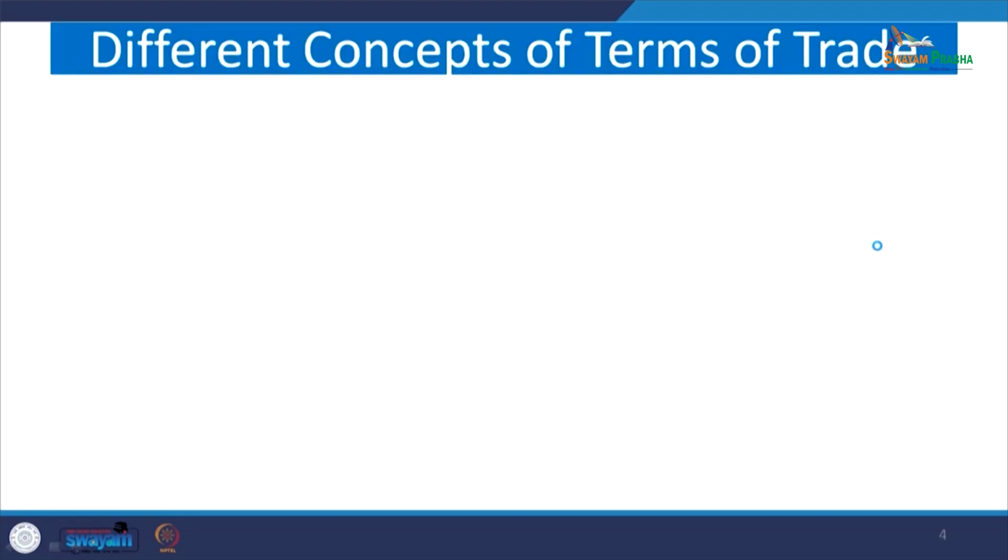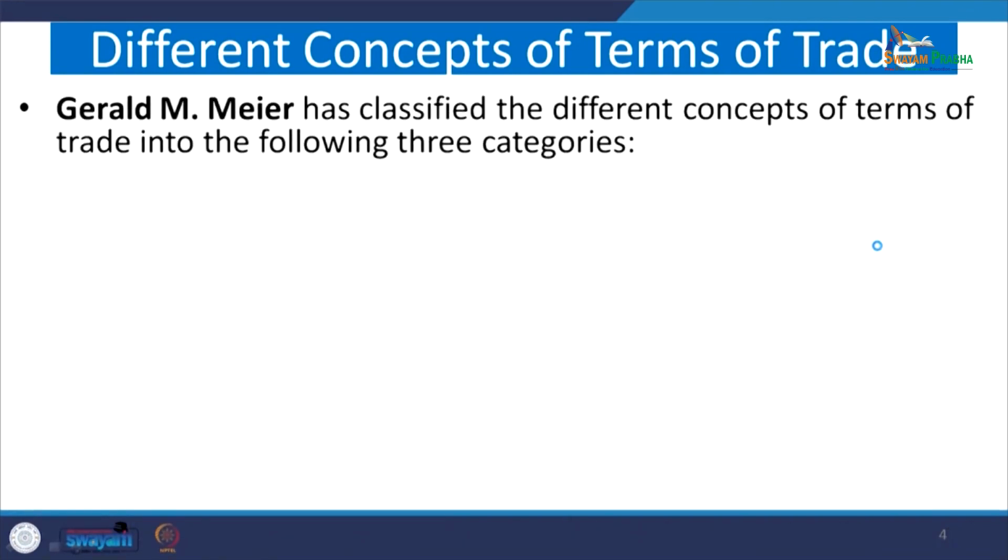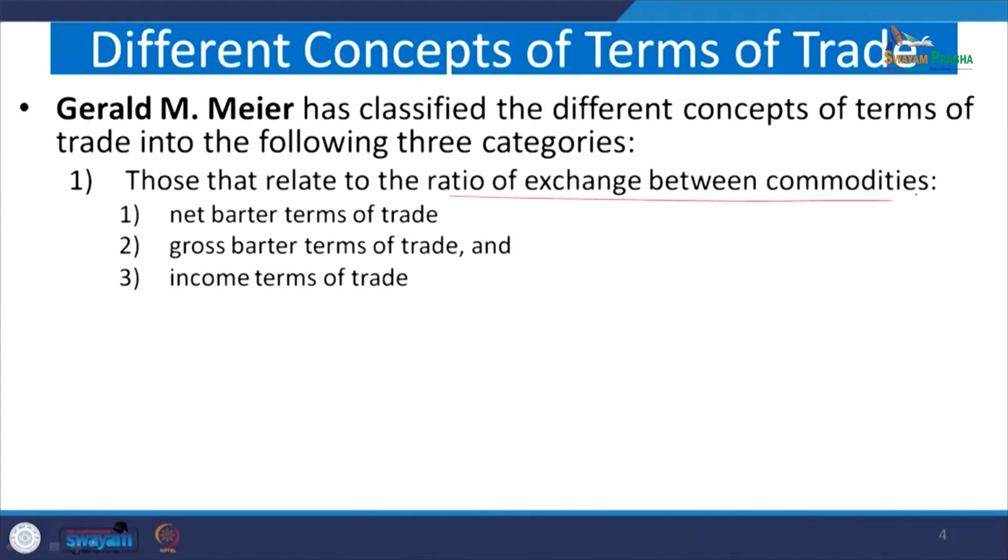So, what are the different concepts of terms of trade then? Initially, Gerald Mayer has classified different concepts of terms of trade as per the following categories. We also attach another person's contributions to this field. Initially they talk about the ratio of exchange between commodities.